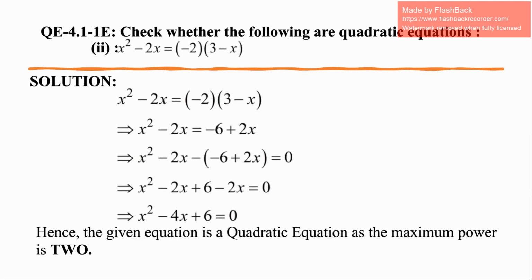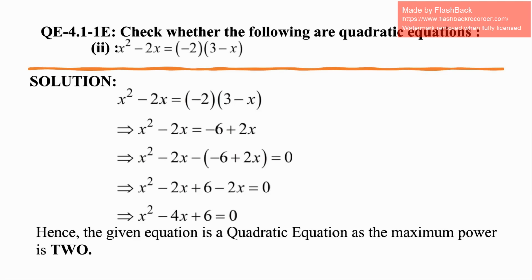On the left hand side, we need not expand anything, but on the right hand side we have to get the product. It is the product of minus 2 and the other term, 3 minus x.